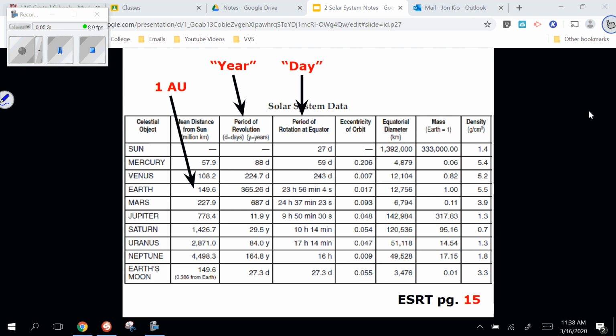I think that's kind of an oddball. All right. Backtrack for a second. We talked about earlier, 1AU is the distance from Earth to the Sun. So 1 astronomical unit is almost 150 million kilometers. That's where that number comes from.